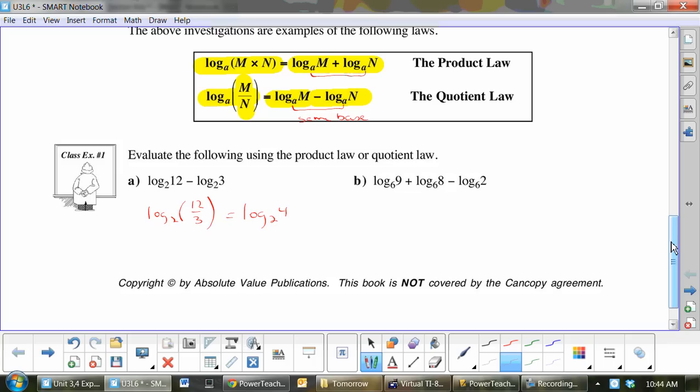And you should be able to just look at that now and say the answer to that is 2, because that's log 2 of 2 squared, which equals 4. So it equals 2.